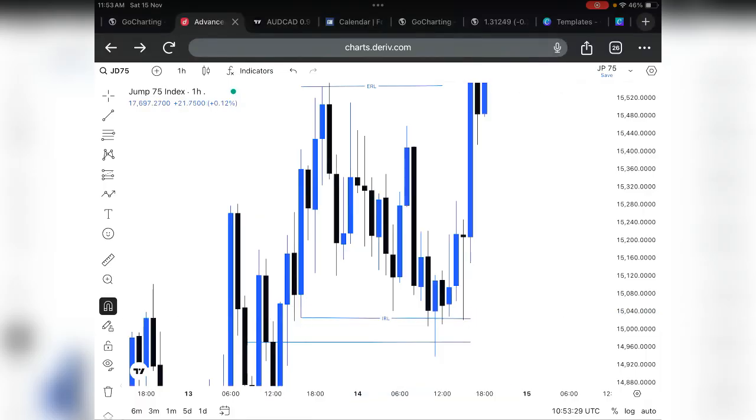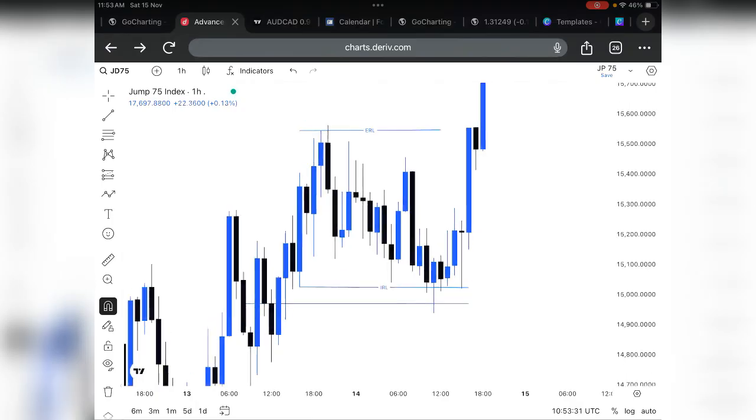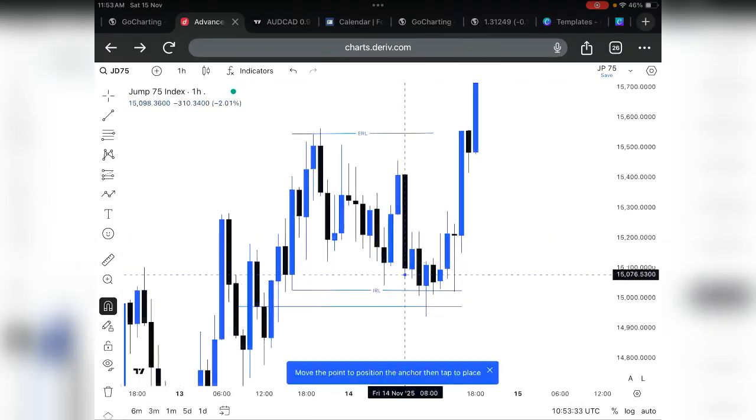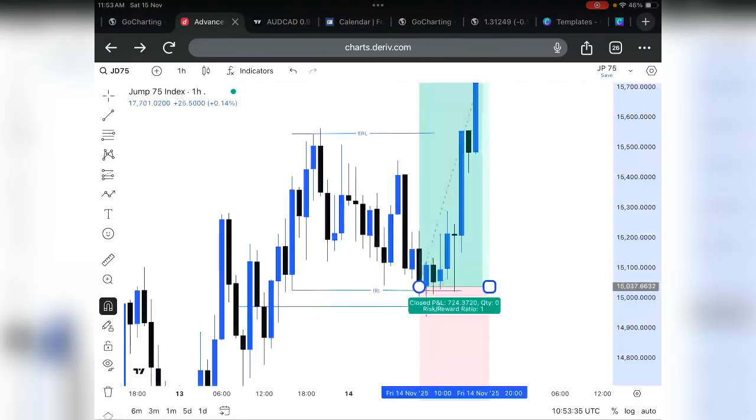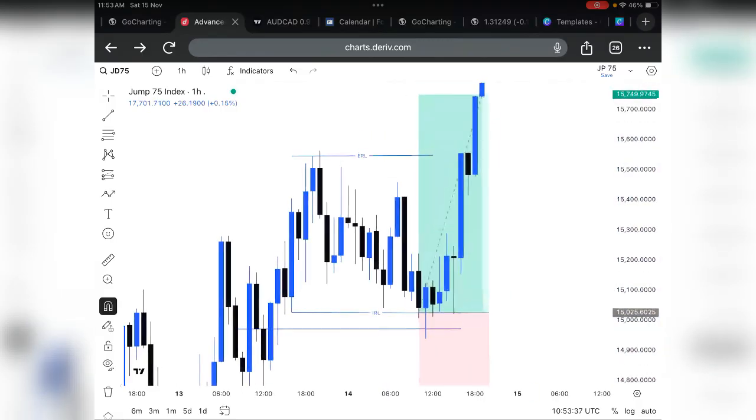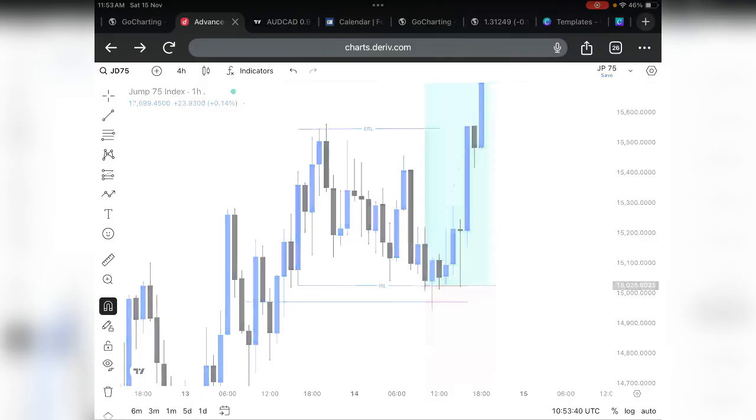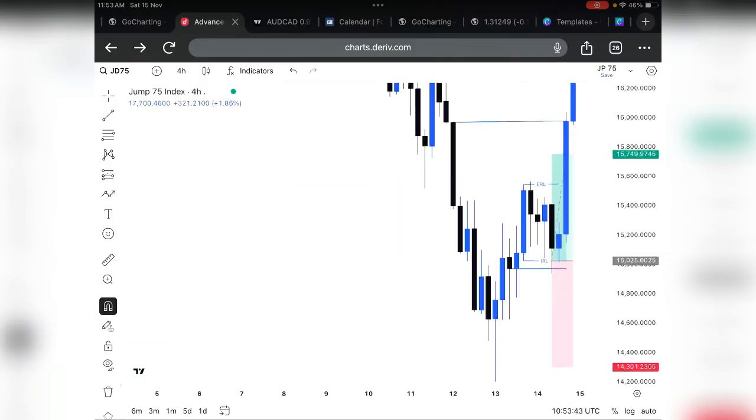Alright, so I pumped price from here and it was amazing. So where is my low? This is my stop loss here.